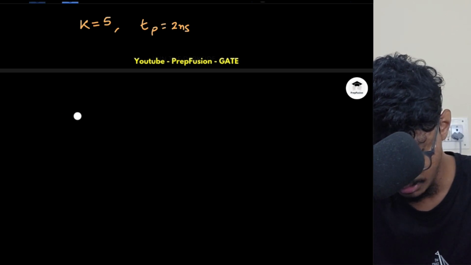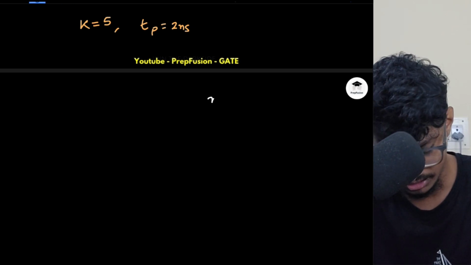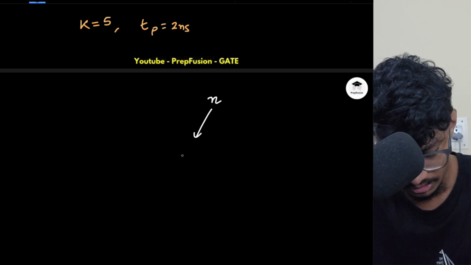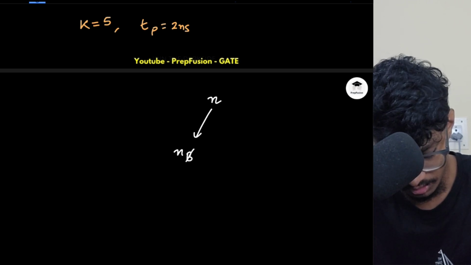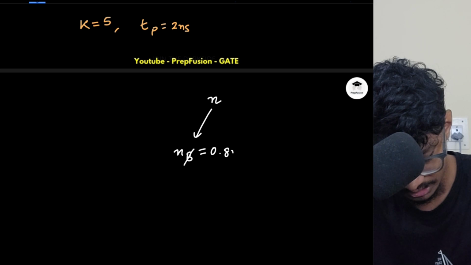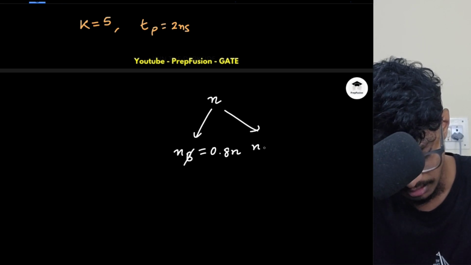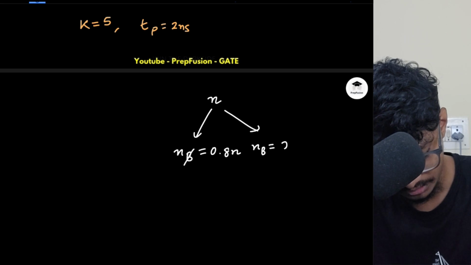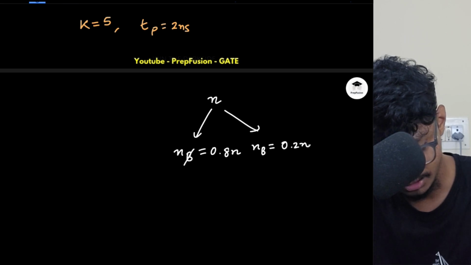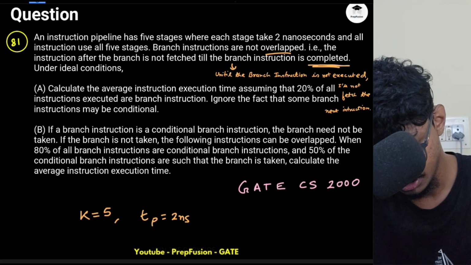If I have a total of n instructions, then n non-branch will be simply 80% of the total number of instructions, and n branch will be 20%.